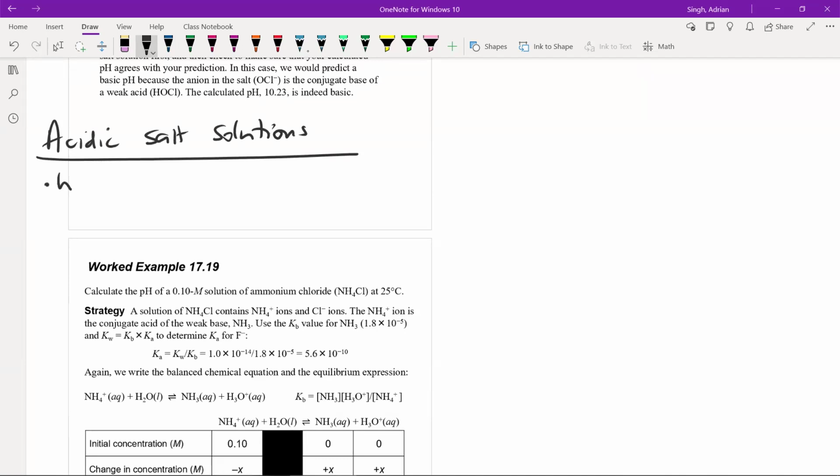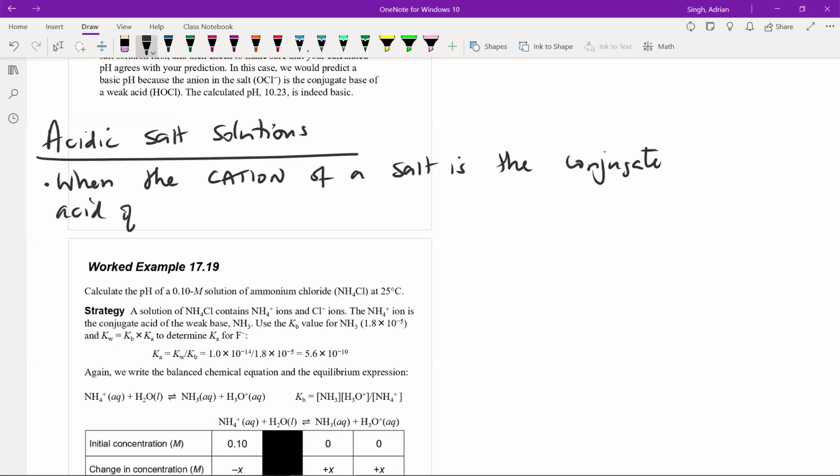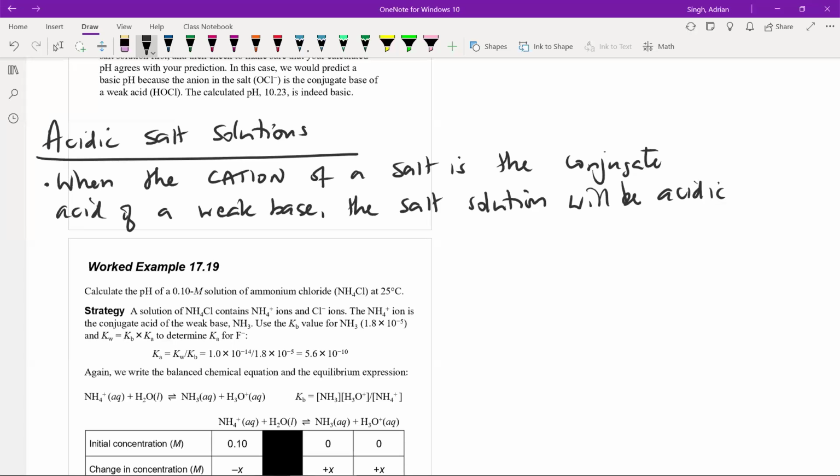When the cation of a salt is the conjugate acid of a weak base, the solution of the salt will be acidic. So it's important that you take a look at the salt itself and try to identify the different ions that are there.